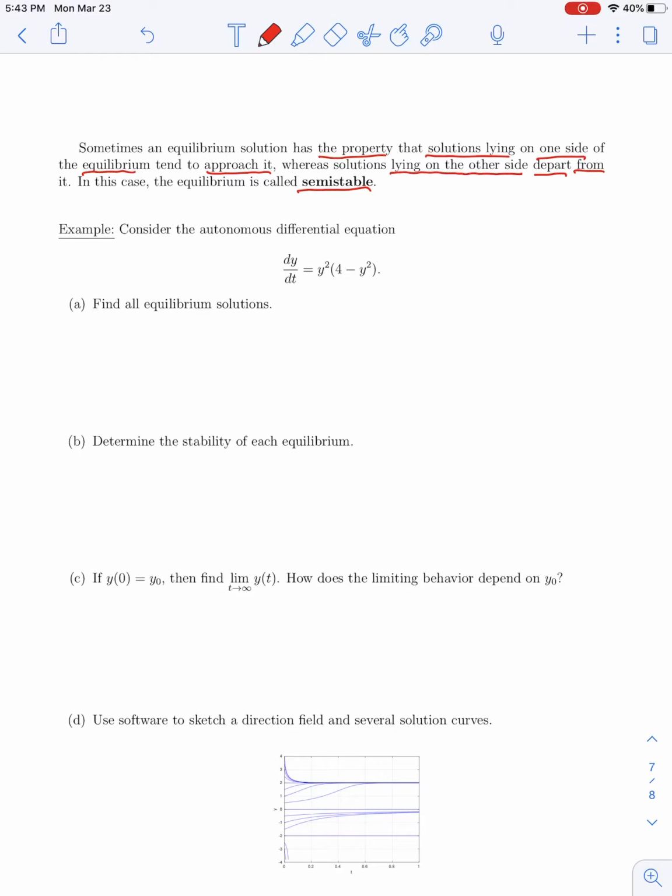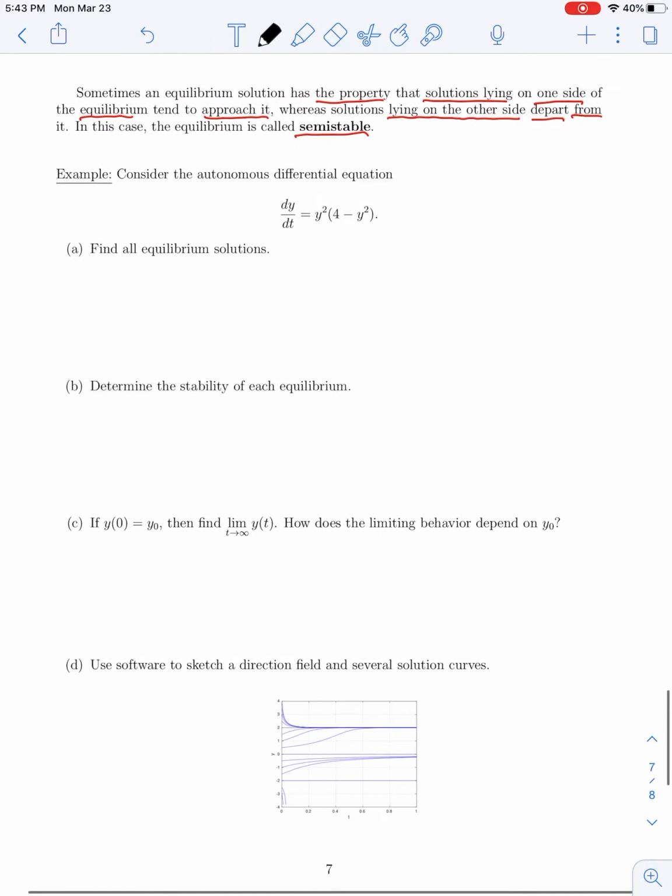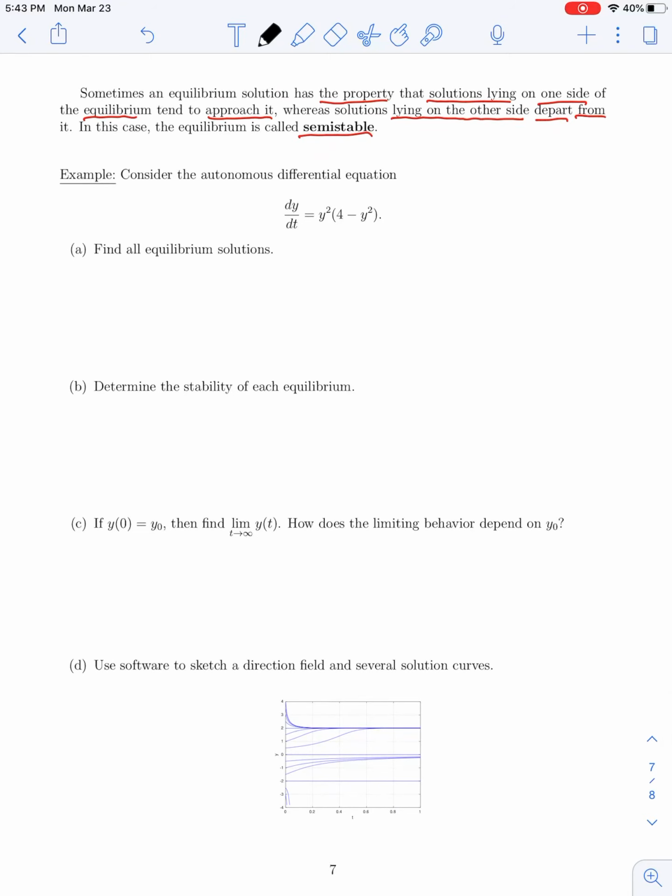So as an example of semi-stability, let's consider the following equation. We have the differential equation dy/dt is y squared times (4 minus y squared). And in part A, we want to find all equilibrium solutions. Now, to find them, we let y prime, which is y squared times (4 minus y squared), equal to 0.